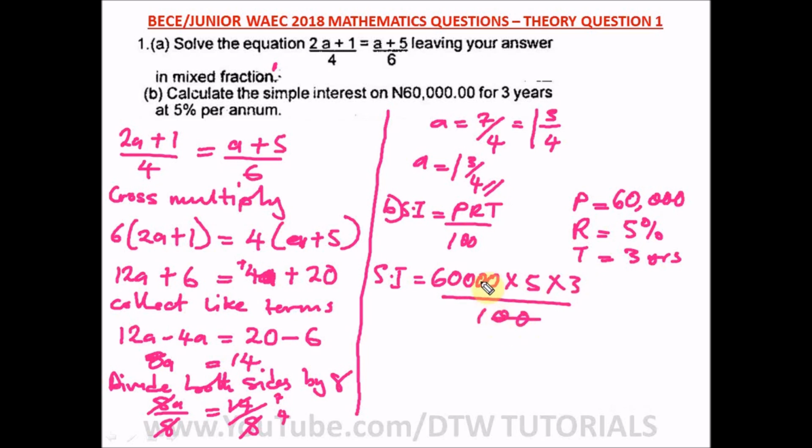These 2 zeros will cancel out these 2 zeros, and we're left with 600. 5 times 3 will give us 15. So we're left with 600 times 15. If you punch in your calculator, that will give us 9,000 naira. So our simple interest is equal to 9,000 naira. This is our final answer.